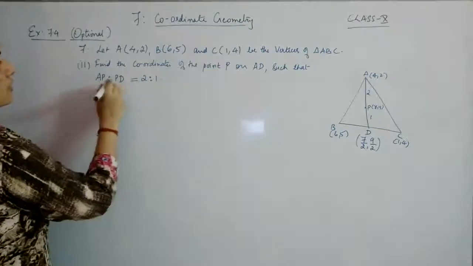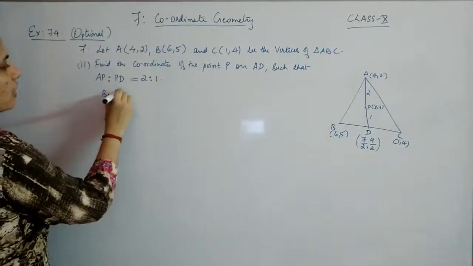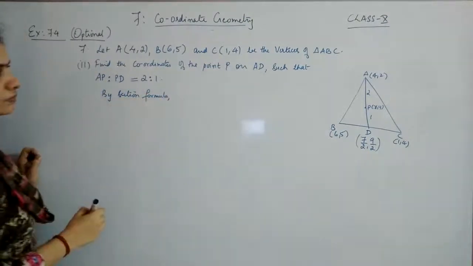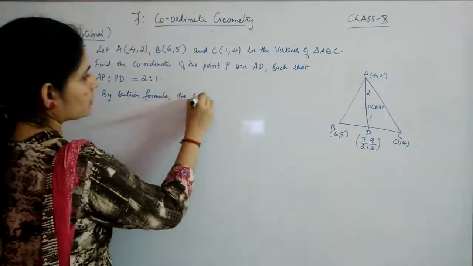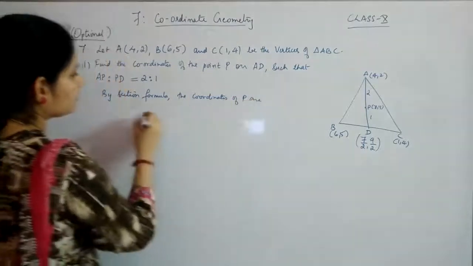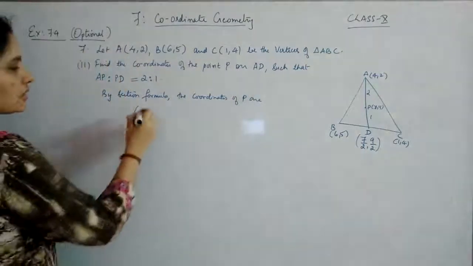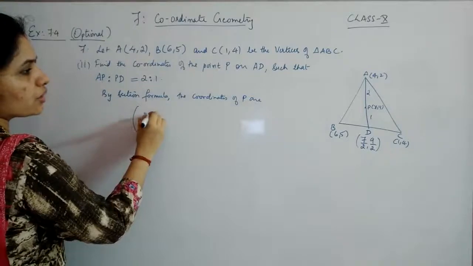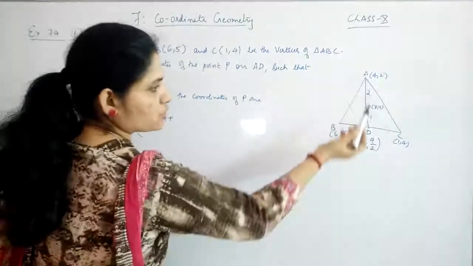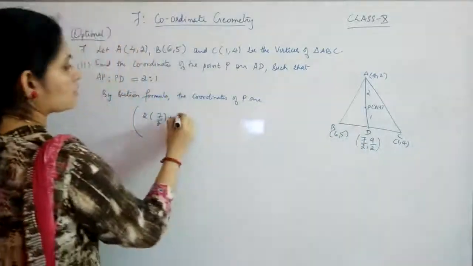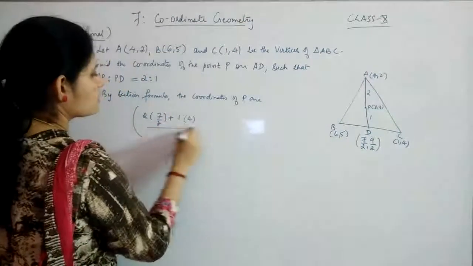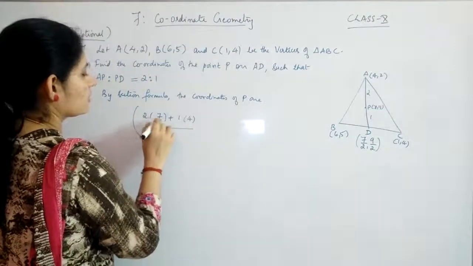Now you can say that by the section formula, the coordinates of P are, what you will get, 2 into 7 by 2 plus 1 into 4 divided by 2 plus 1.